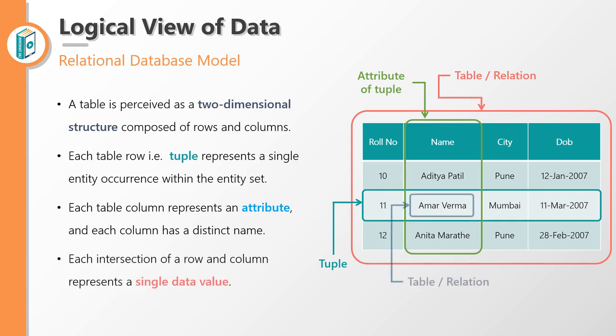Okay, and then intersection of these rows and column would help you to provide the value. So if you want to fetch any value, you will have to be specific about from which table you want to fetch data, then which column you would like to fetch, and for which particular row you would like to fetch.